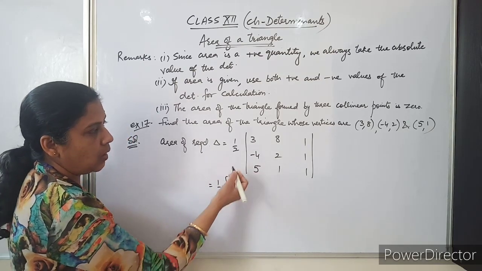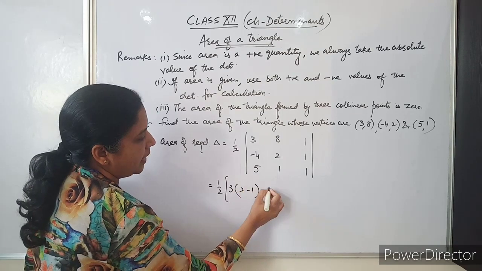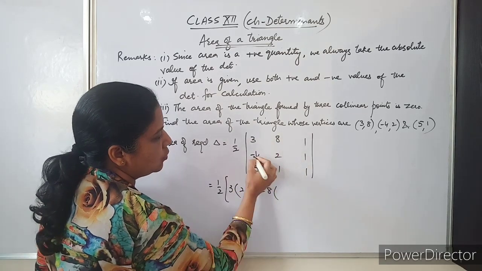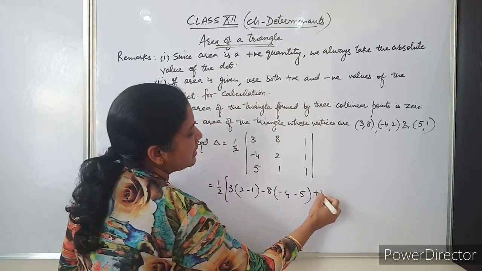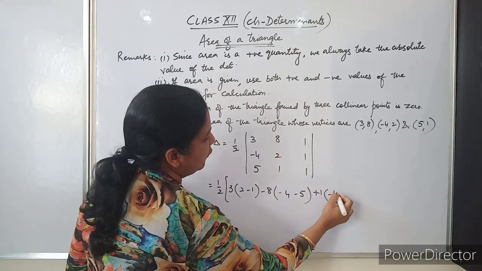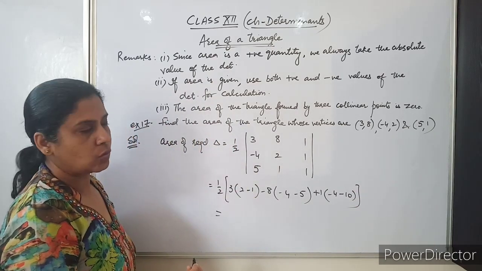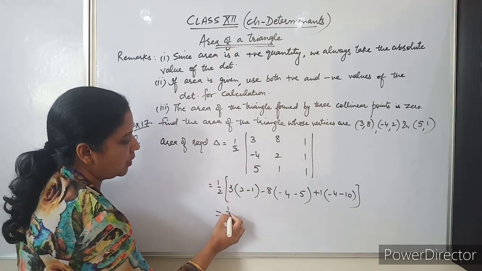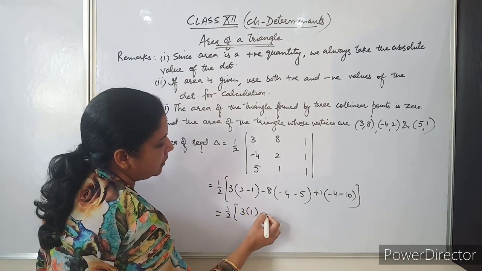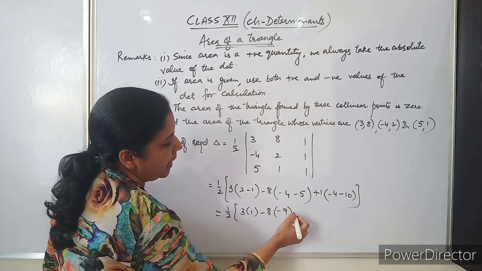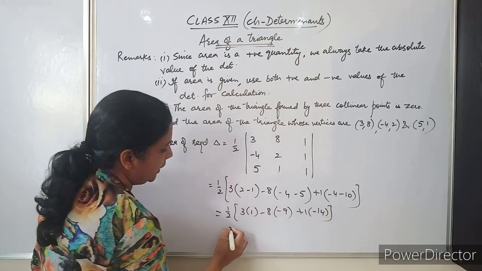Now expanding it along R1: 3 into (2 minus 1) minus 8 into (-4 minus 5) plus 1 into (-4 minus 10). You can expand it along any of the rows or columns, but I have done it along R1. That is quite simple: 3 into 1, minus 8 into -9, plus 1 into -14.